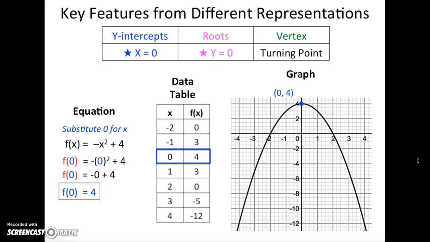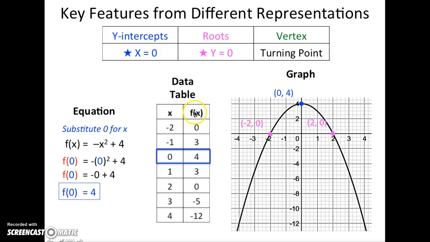All right, let's move on to the roots now. So here are our roots. We identified those from before. We're going to find the roots from the data table. So what do you know is true at the roots? Right, y is equal to 0. So using the data table, which column are you going to start with?